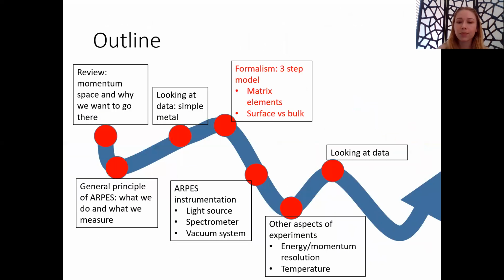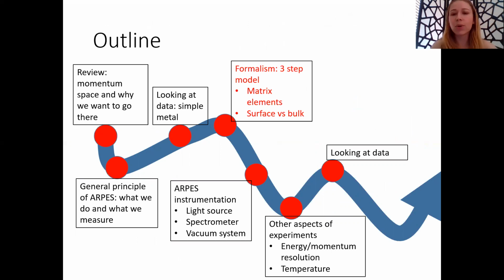All right, so that was an example of data that on the surface looked just like very simple textbook mini lecture 3 about electrons. But if you look more carefully, there was more to it.